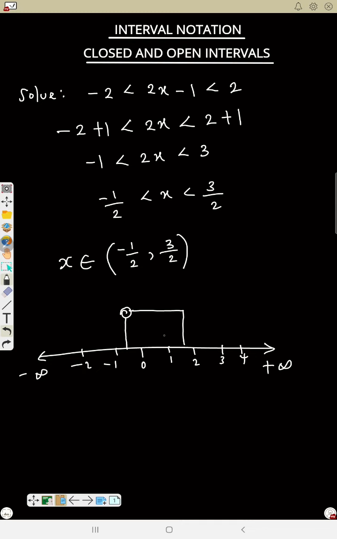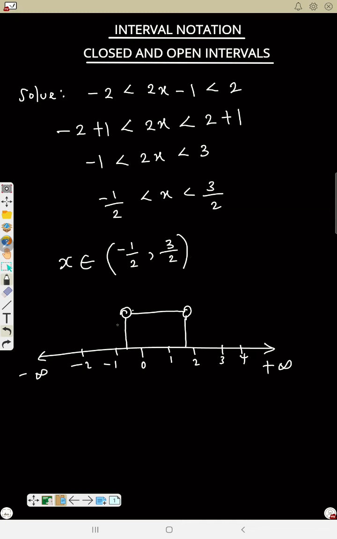So 1.5. So now this is the representation of these results on the number line.